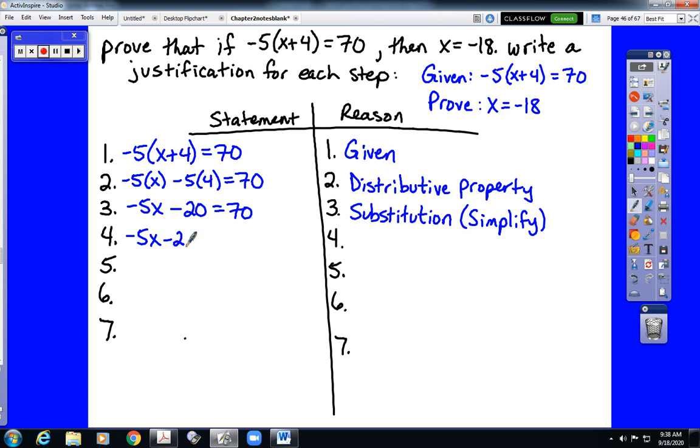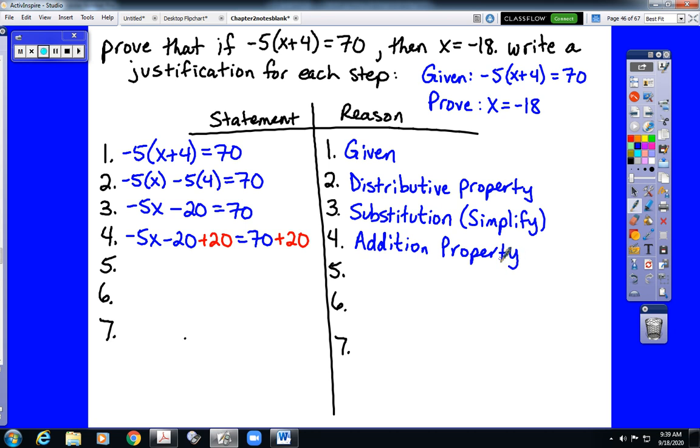So we have to show that by saying -5x minus 20 plus 20 equals 70 plus 20. So we actually physically show the adding of 20 to each side of the equation. That step is labeled the addition property of equality because we are adding 20 to each side.